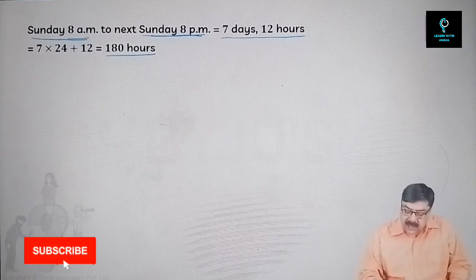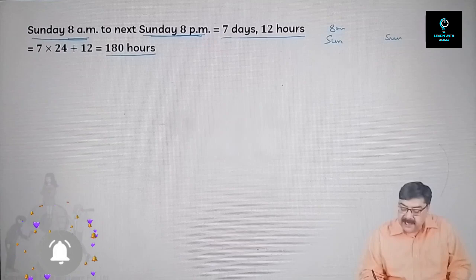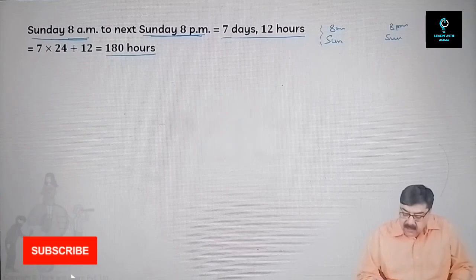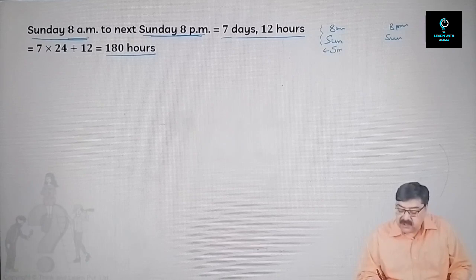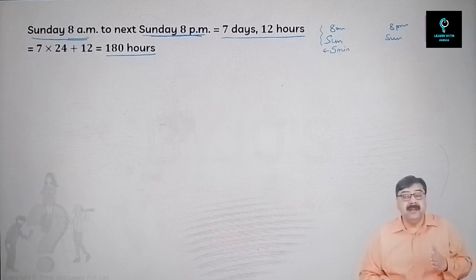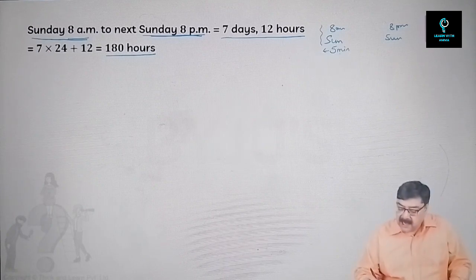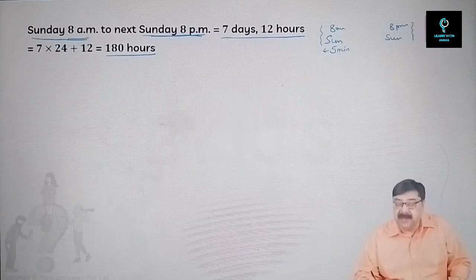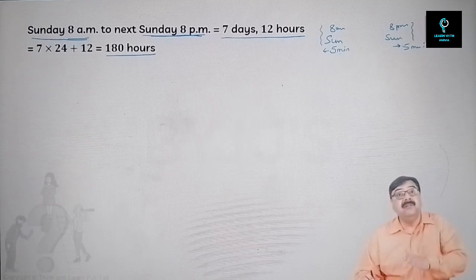Now you have one Sunday here 8 a.m. to another Sunday here 8 p.m. Now on this Sunday 8 a.m. the clock was 5 minutes slow because it showed a timing which was 5 minutes before the actual time. And on this Sunday 8 p.m. the clock was 5 minutes and 48 seconds ahead of the actual time.